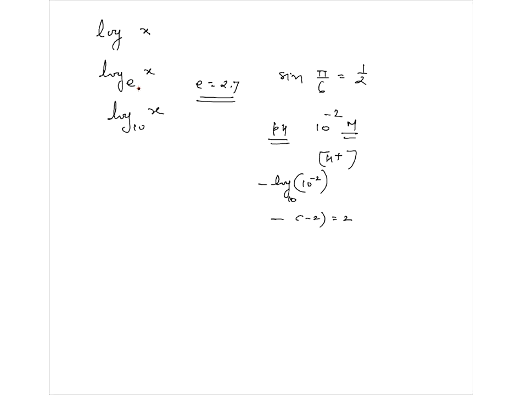When we differentiate log with respect to x, if I am not writing any base here in the context of calculus, it means it is E. Then the answer is 1 upon x.